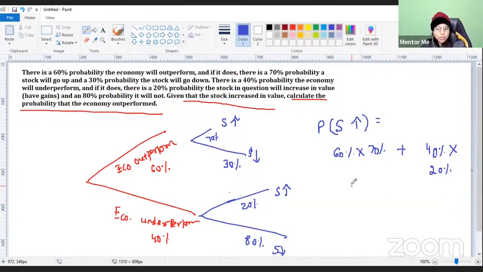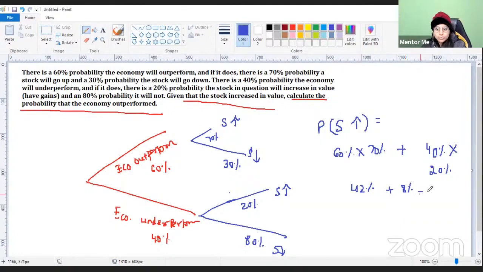So this will be equal to 42%, right? 60% का 70% कितना होगा? 42% होगा, और 40% का 20% कितना होगा? 8%, right or wrong?